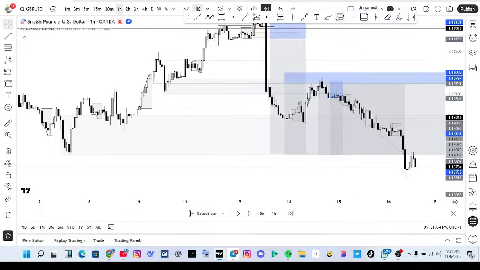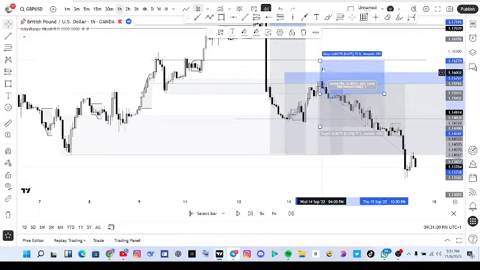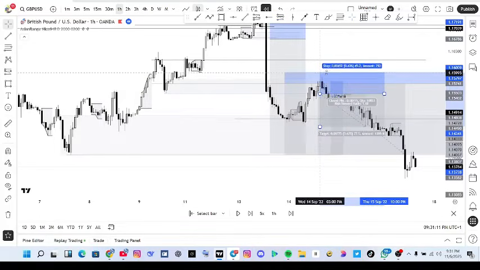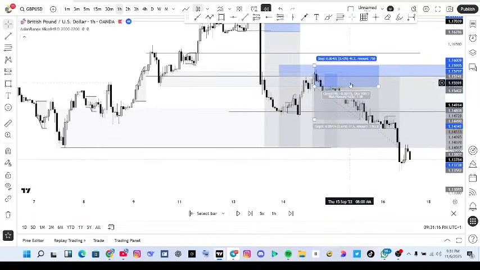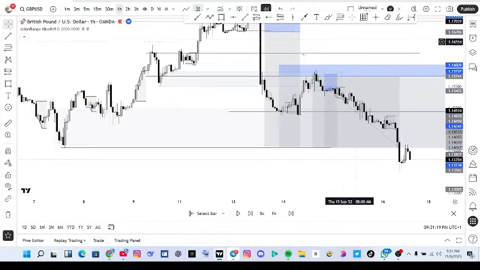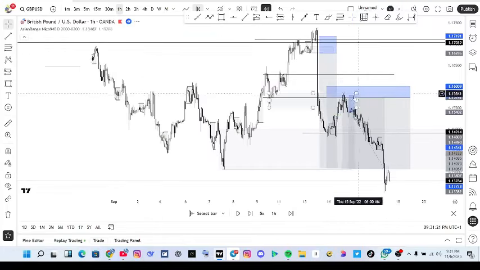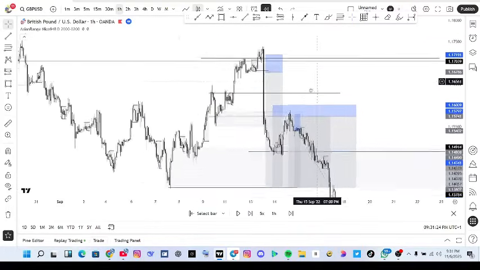So mostly I know you like to use all these rectangles sometimes. I just prefer lines, just draw lines for the key level. It's the same thing. Breaker block, I already taught you that one.